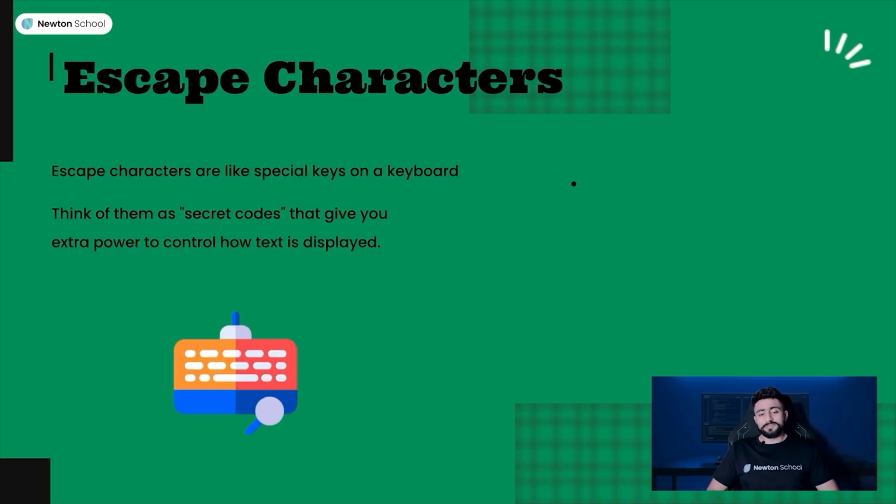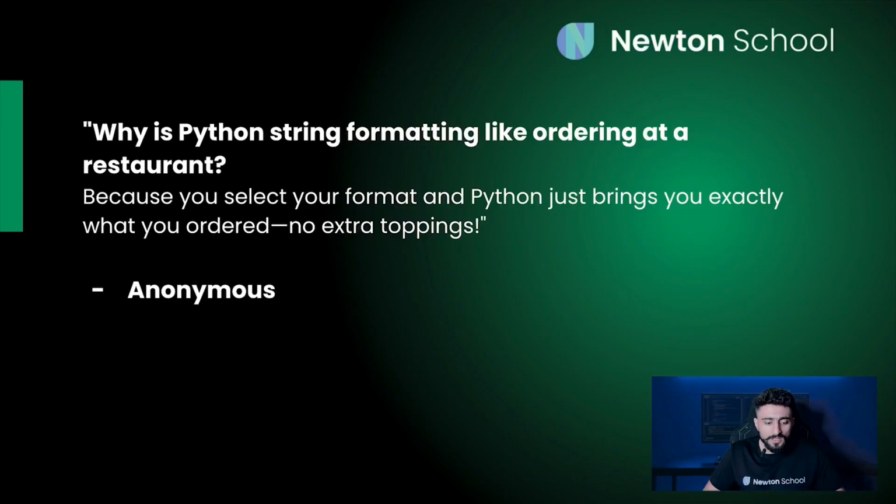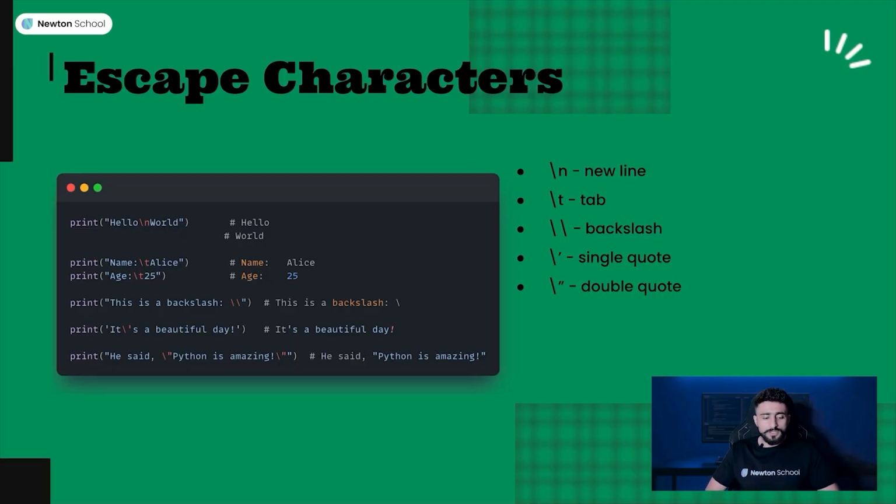Now, escape characters. Escape characters are like special keys on the keyboard. Think of them like secret codes. So let's see with an example. Slash n is required for a new line. For example, if you write hello slash n world in a string, it will print hello and world on two different lines, because slash n acts as a new line.